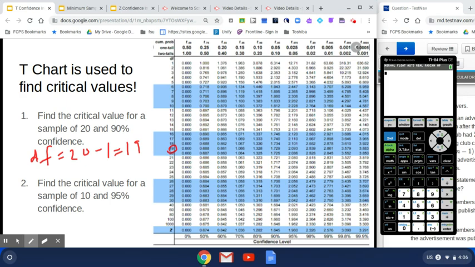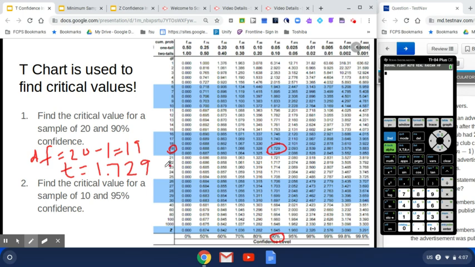So I locate 19 degrees of freedom. Across the bottom, you will see various confidence levels. I want to go to the 90% confidence level, and then I just see where these meet. So I'm going to go straight up and straight over, and I see the value 1.729. That is going to be the T critical value that we would use when we're calculating a confidence interval.